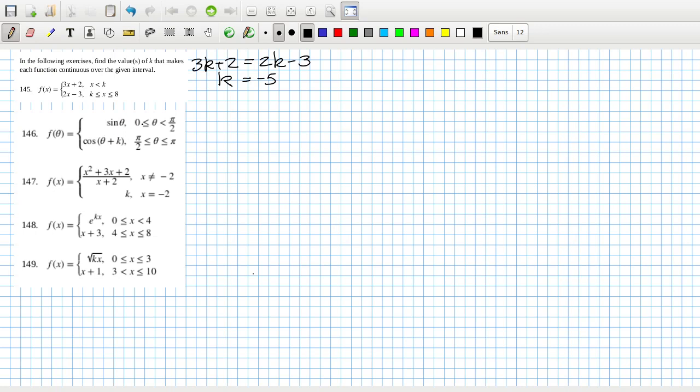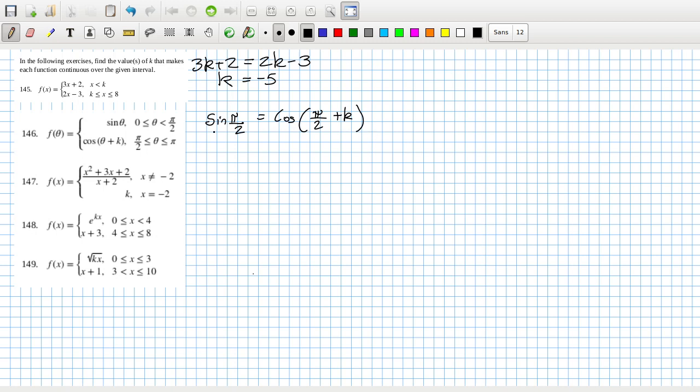Now, 0 to pi over 2, pi over 2 to pi. Yes, so this time we got to make sure when it transitions, it does so continuously. So that means sine pi over 2 will equal cos pi over 2 plus k.